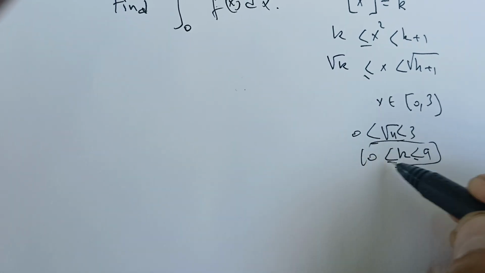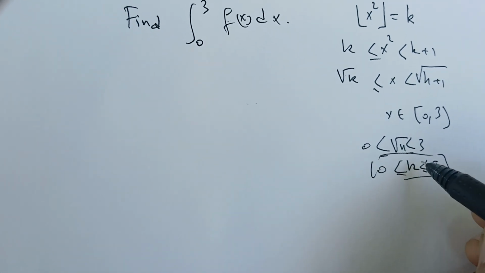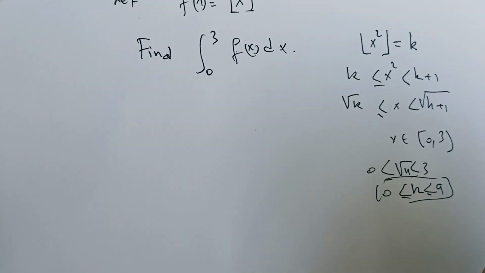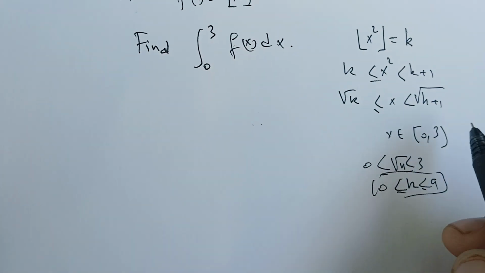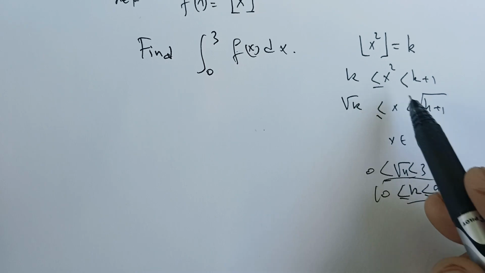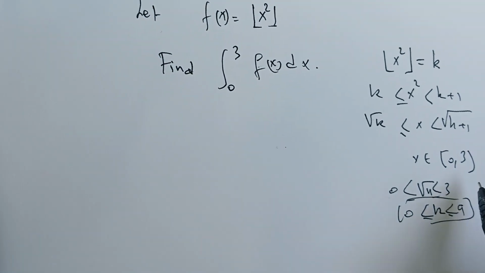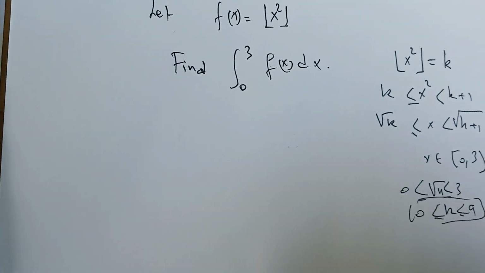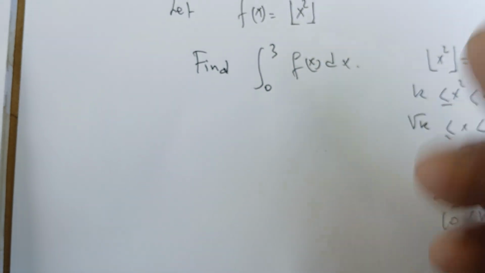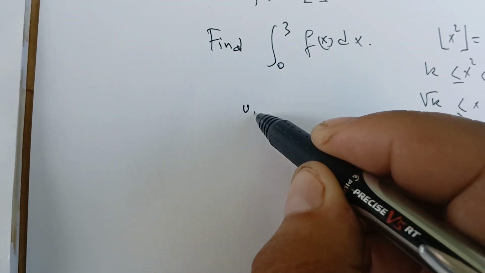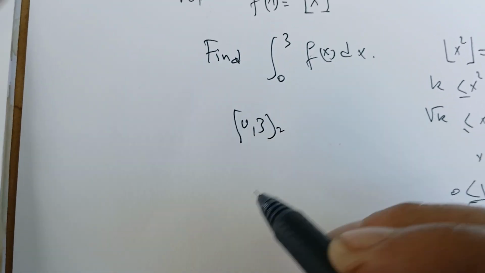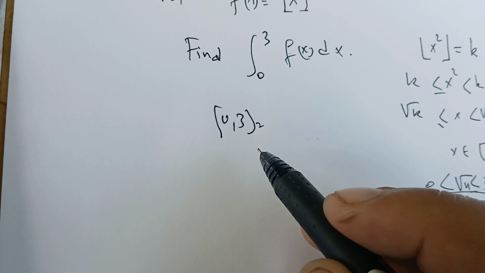We have to treat all these cases. Therefore, we're going to divide this interval according to the values of k. And we can do this by just looking at the interval.